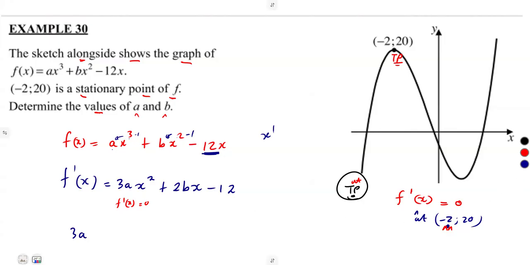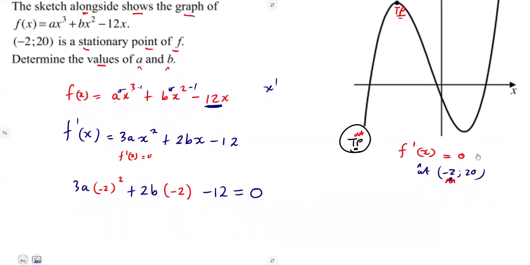Our x is minus 2 at the turning point, so this is going to be minus 2 squared, plus 2b, where the value of x at the turning point is negative 2, minus 12. If we substitute the value of x at the turning point into this first derivative, we must obtain 0. As long as we are dealing with a turning point, you must obtain 0. So thus, an equation is formed.